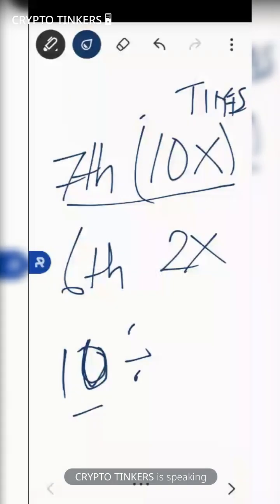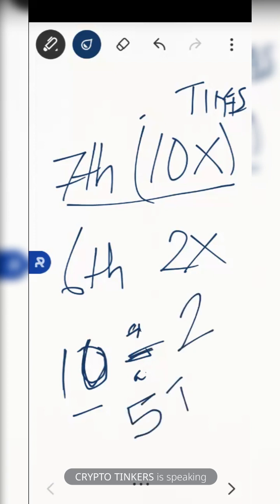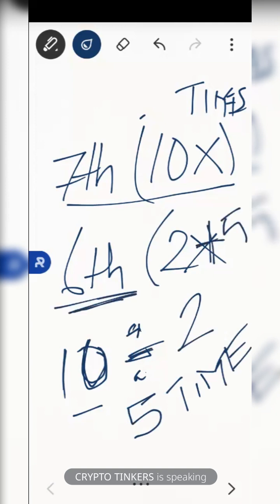Divide the number of times on the seventh call by 2, you get 5 times. Now take this 5 times to your sit call number of times. Just add the 2 that is on your sit call. Add the 2 plus 5. So your sit call will now have 7 times.